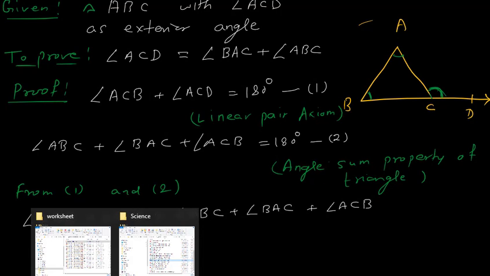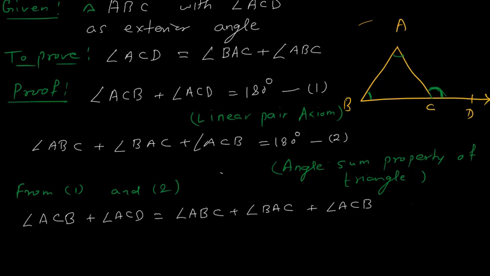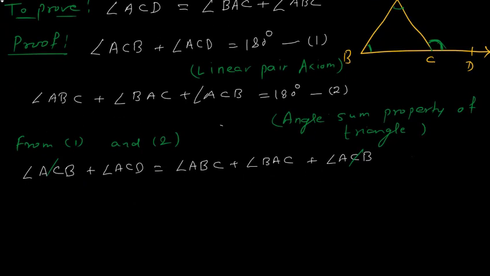Now you find that angle ACB is common on both sides, on the left hand side and on the right hand side. So we cancel these two angles, and by cancellation we get angle ACD is equal to angle ABC plus angle BAC.